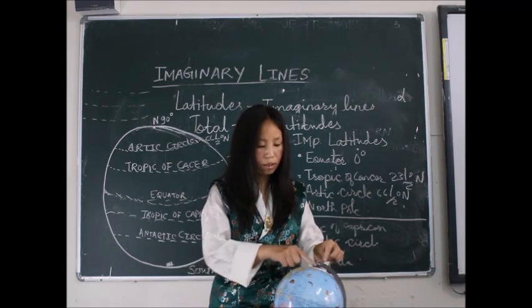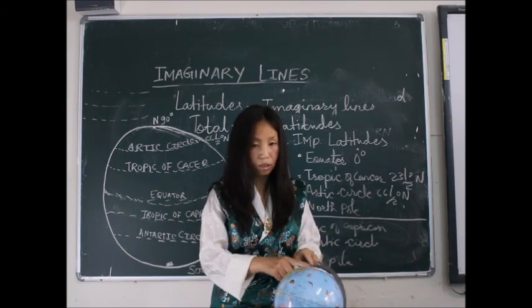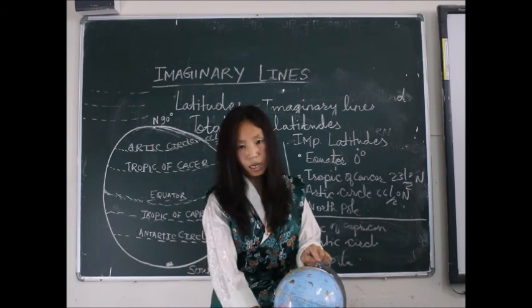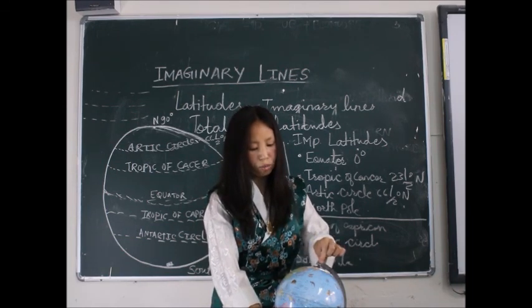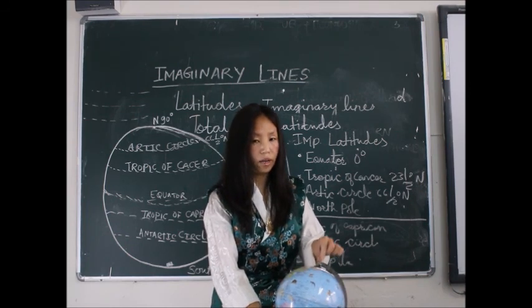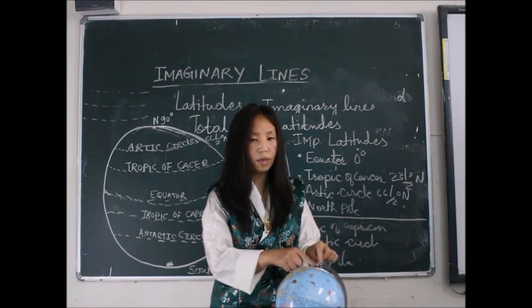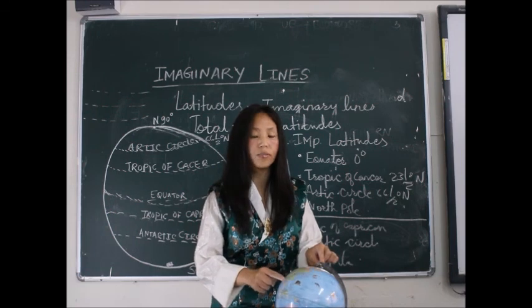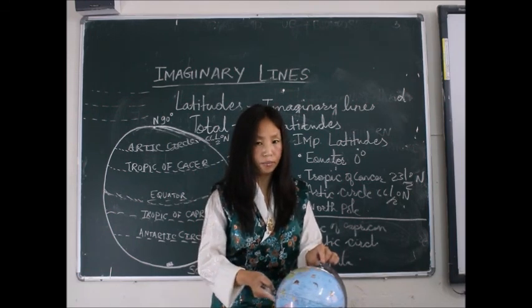It means there is an imaginary line, an axis from North Pole to South Pole. So North Pole and South Pole are just points of the axis. Axis is the imaginary line where our earth is a little bit tilted.